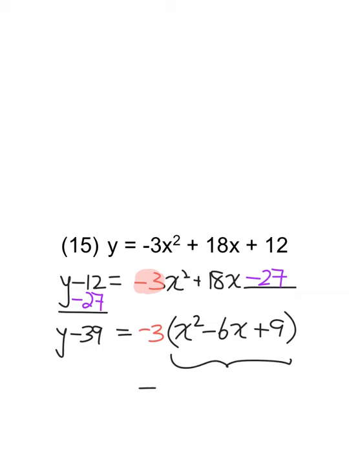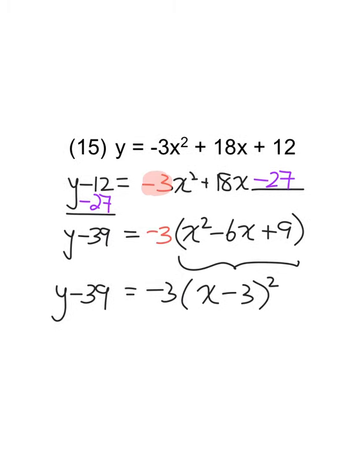Factor that. We're looking at x minus 3 squared is equal to y minus 39. And then add the 39 to both sides. And there it is.